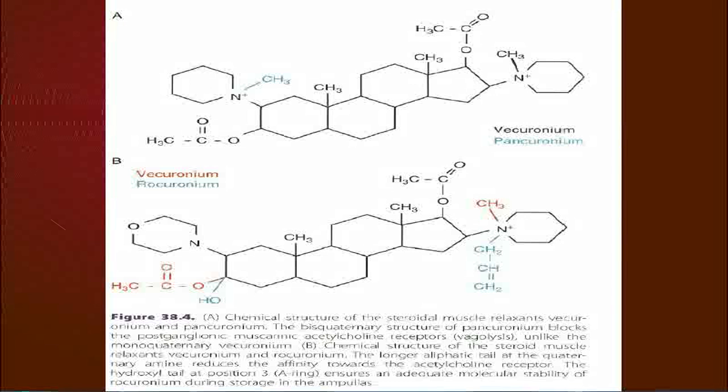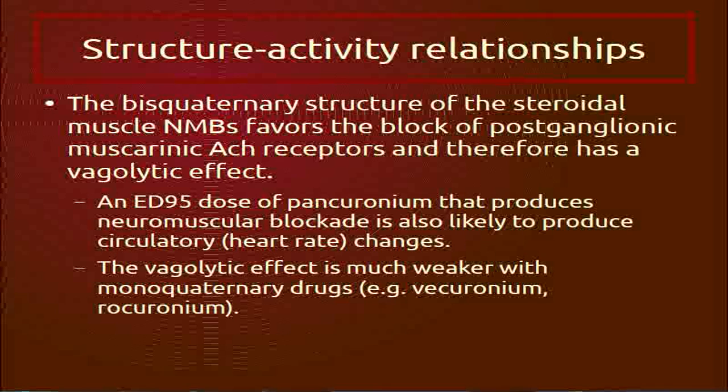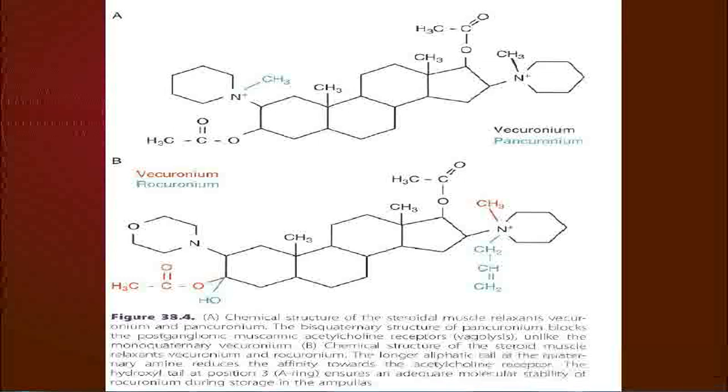Now what's the point? They're all related. They're all steroidal compounds. Aminosteroid. If it ends in onium, O-N-I-U-M, it's a steroidal complex. And then as we move forward, if it ends in urium, it's a benzylisoquinoline.